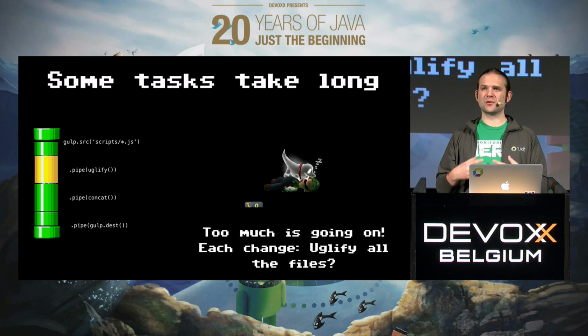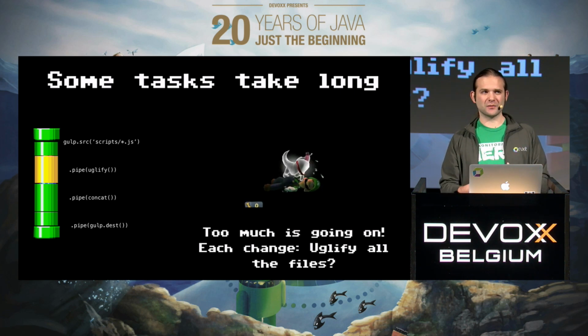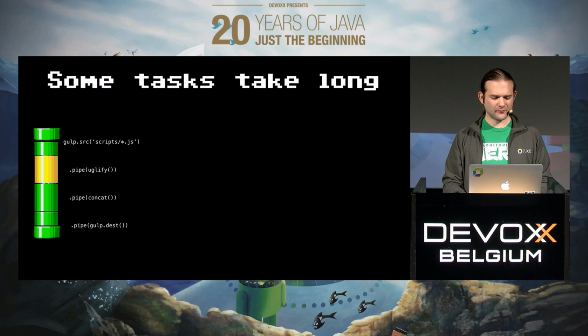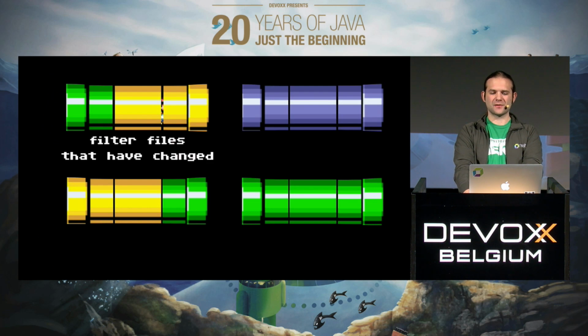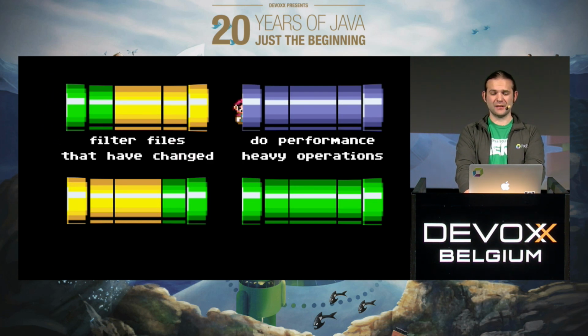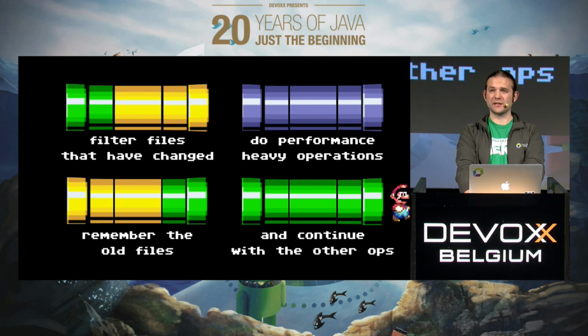Do we really need to compile jQuery each time we reload? Wouldn't it be better if we just filter those files that actually have changed, so we have a smaller set, do the performance-heavy operations on the smaller set, remember the old files again, and continue with the other operations?